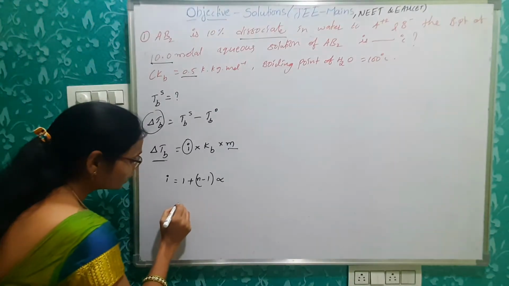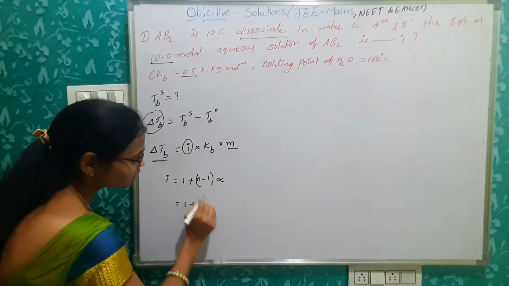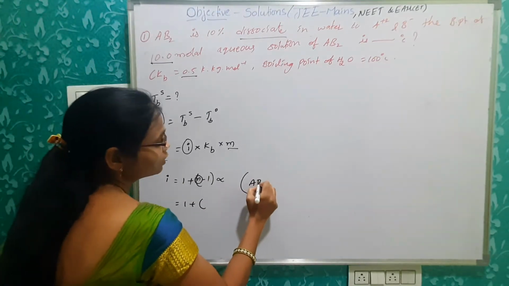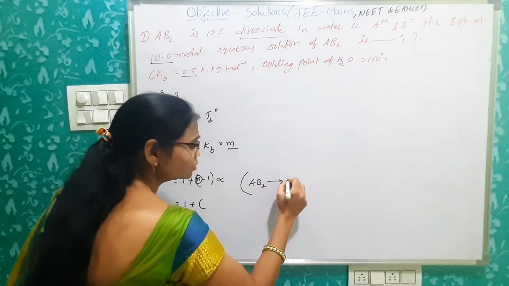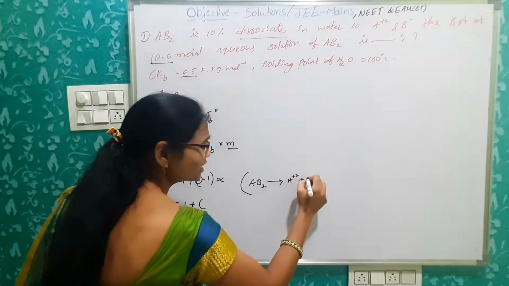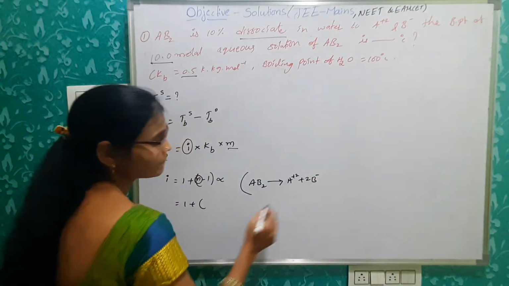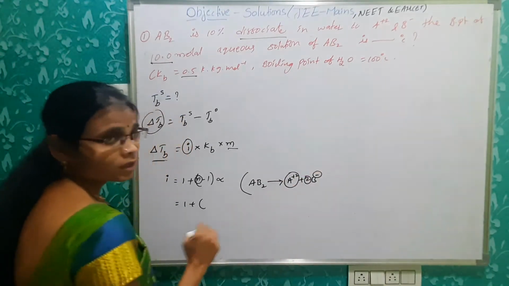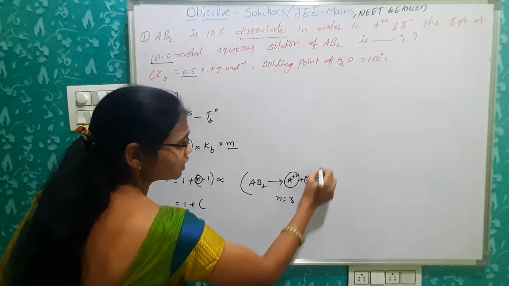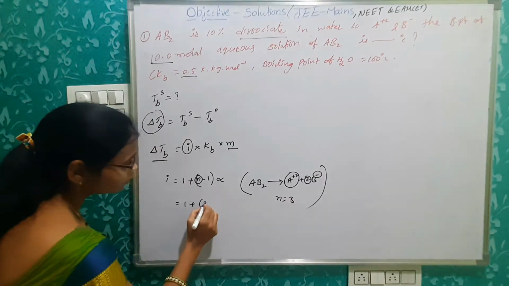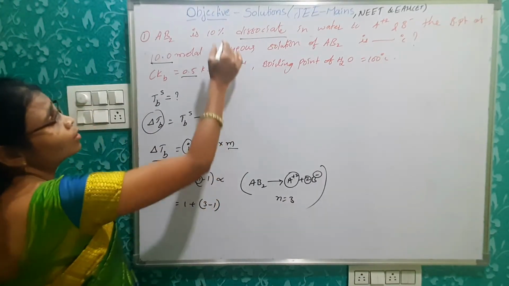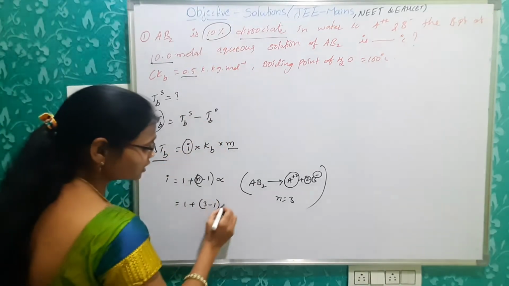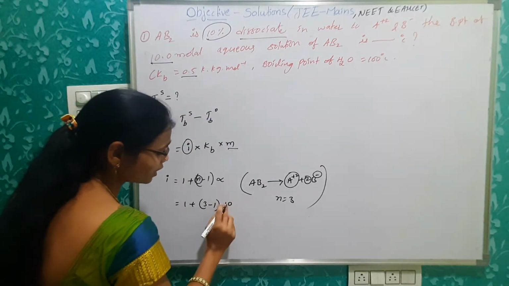Here n means the number of ions after dissociation. AB2 dissociates into A plus 2 and 2 B minus, 1 cation but 2 anions. So how many ions? 3. So n is equal to 3 here. 3 minus 1. How much percentage is dissociated? 10%, means alpha is 10 by 100.